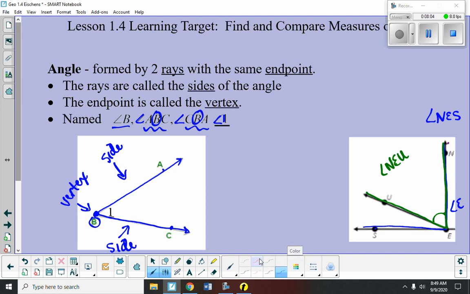Or you have this one right here, this smaller one. So there are actually three angles in this picture, angle SEU or angle UES. And I'll mark that. This has one little mark and this shows two little marks, and they're not the same size, so I don't use the same. I don't use one tick mark for each. I have to use a different number of tick marks. So when there are multiple angles, you need to use three letters to describe which angle you are referring to.